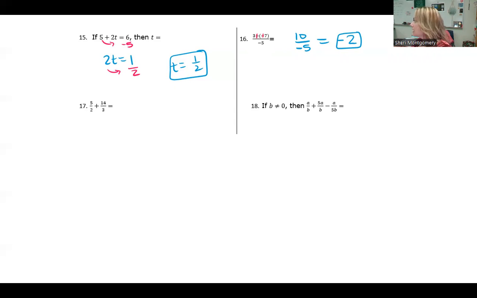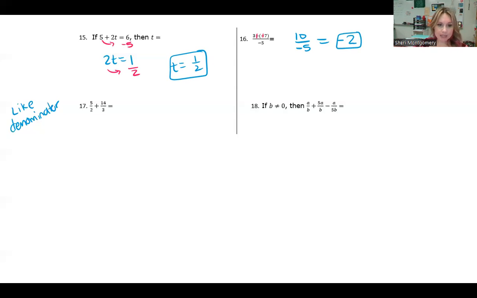Question number 17. This is adding, subtracting fractions. What do you have to check first? Yep, like denominator. So they're not, what are we going to make it? 6.